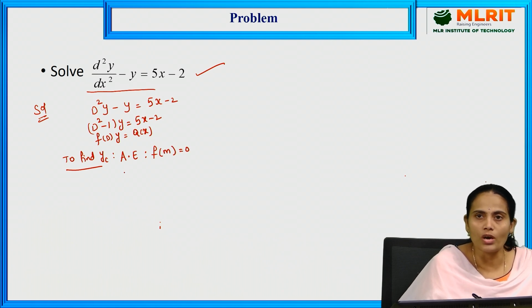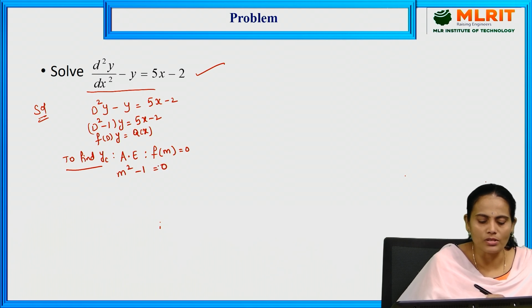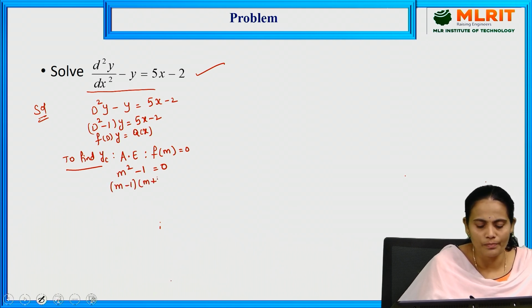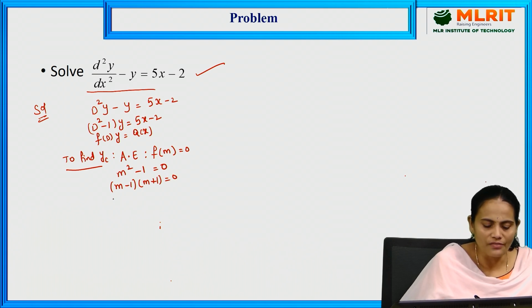We know what is f of D? In D place you have to replace m. So that is m square minus 1 is equal to 0. Now you have to find the roots of this equation. M square minus 1 is nothing but (m minus 1) into (m plus 1). So the roots are m is equal to 1, minus 1.